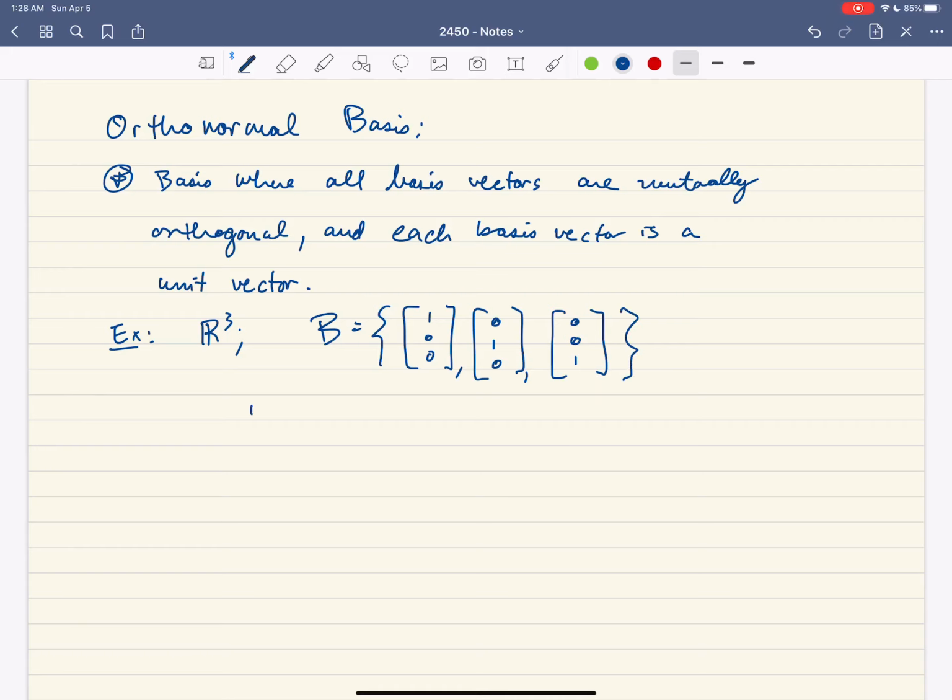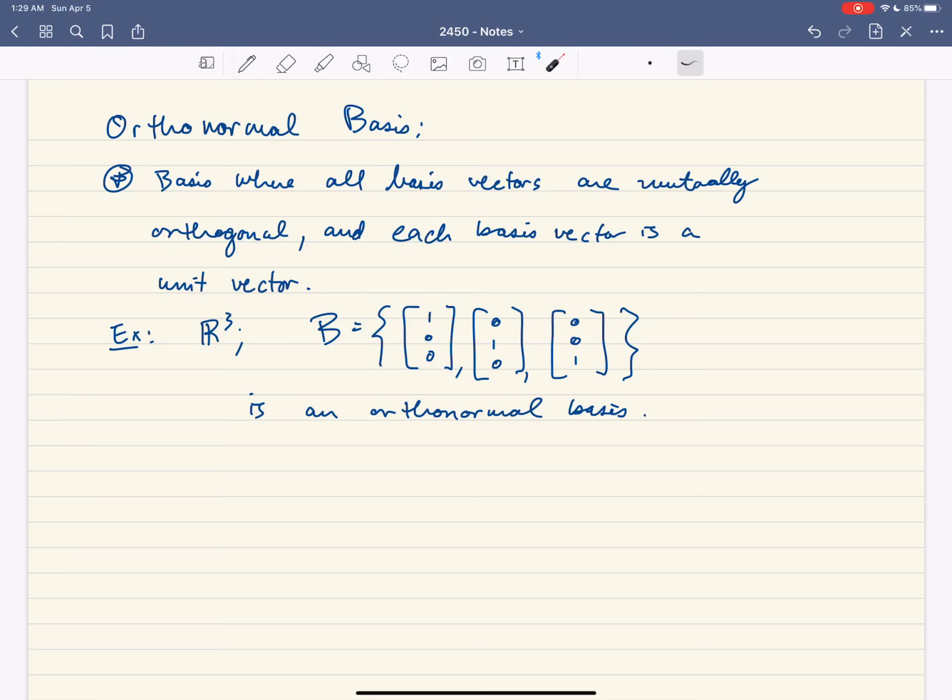This is an orthonormal basis. So the reason why the standard basis is so nice is that this is an orthonormal basis. Because the magnitude of each of these vectors is 1, right? You would end up with square root of 1 squared plus 0 squared plus 0 squared. So that's 1. Likewise for all the others.